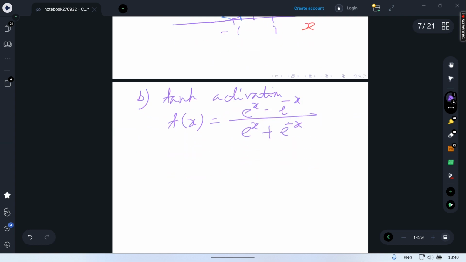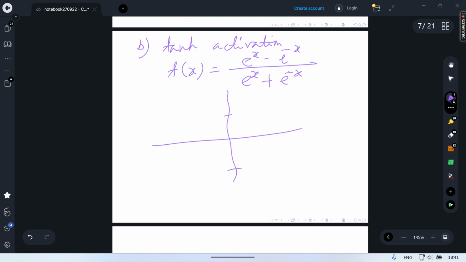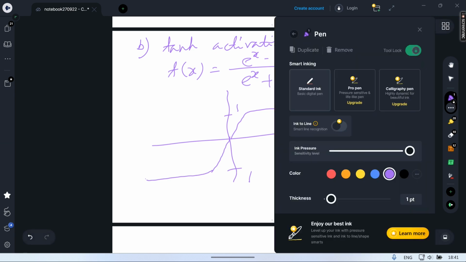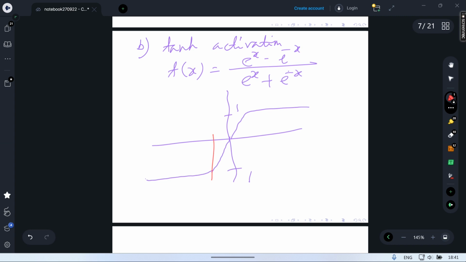Now if you plot this, it will be something like this. So now your output is bounded between plus 1 and minus 1. Earlier in case of sigmoid, the output was bounded between 0 and 1. Here in case of tanh, the output is bounded between minus 1 and plus 1. But here also there exists a saturating region. That means if your input lies within this range, it has non-zero gradient, but beyond that it has gradient almost close to zero. That means it's also prone to the vanishing gradient problem.